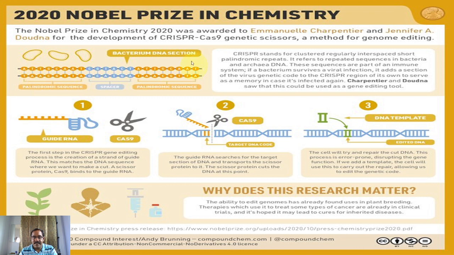Suppose this is our DNA sequence. If a disease affects us, if a virus infects us, we already have an immune system within us. That immune system will fight the virus which is infecting us. Suppose that immune system is successful, after that it may leave a trail over our DNA, like blue in color.